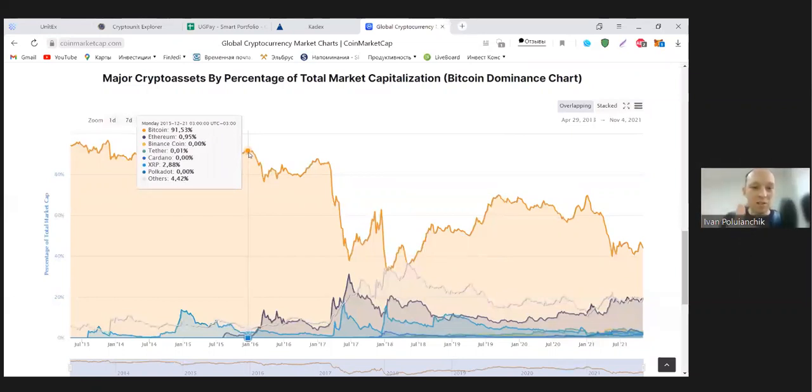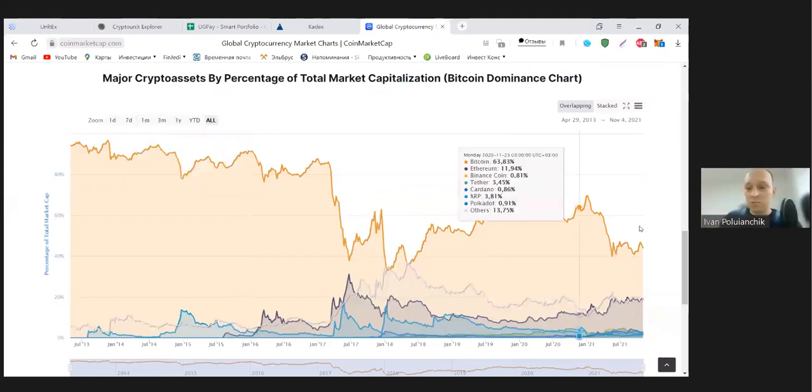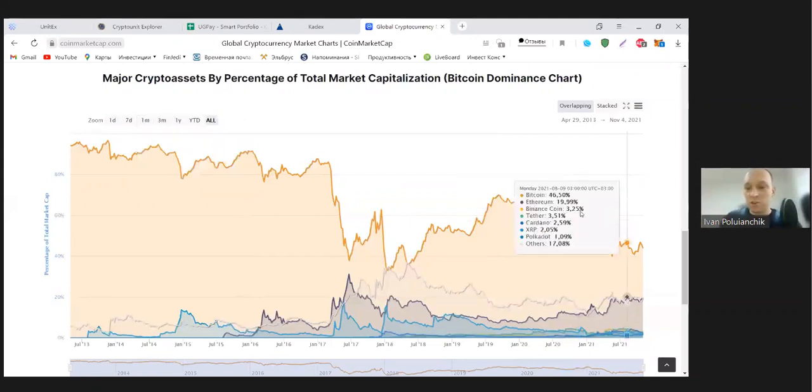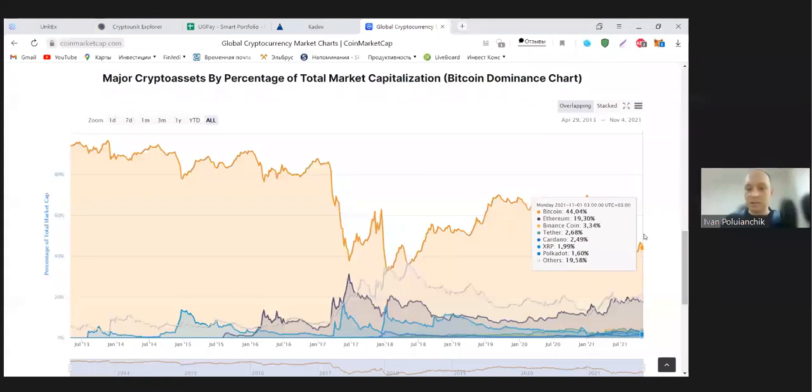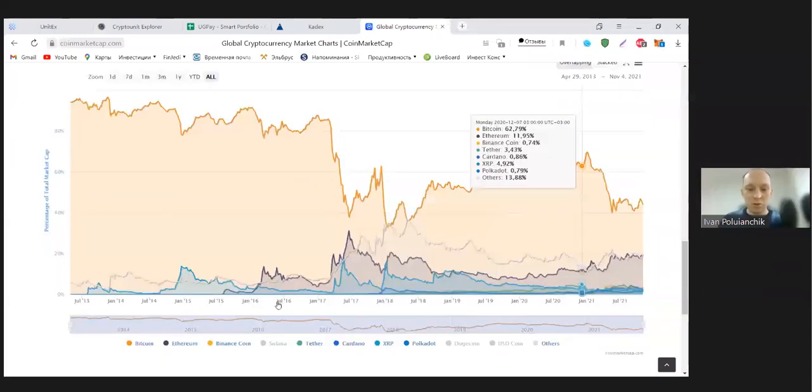Ethereum had a share of 0.95%, and Binance Coin at that time did not exist, whereas today you see the position gets stronger and stronger, and Bitcoin loses its position, and this piece of pie is captured by other coins such as Binance Coin, Polkadot, Cardano, XRP, and others.